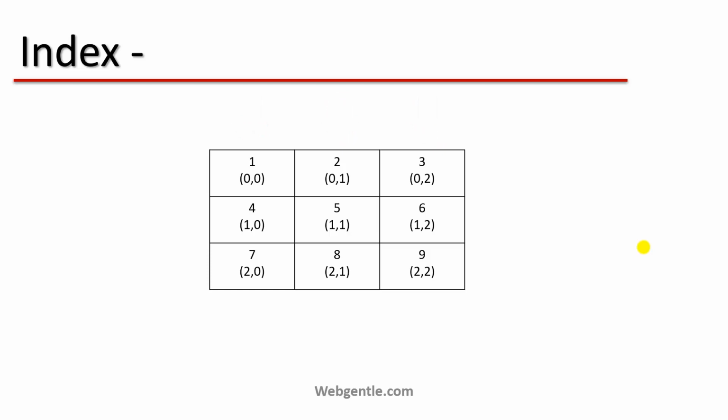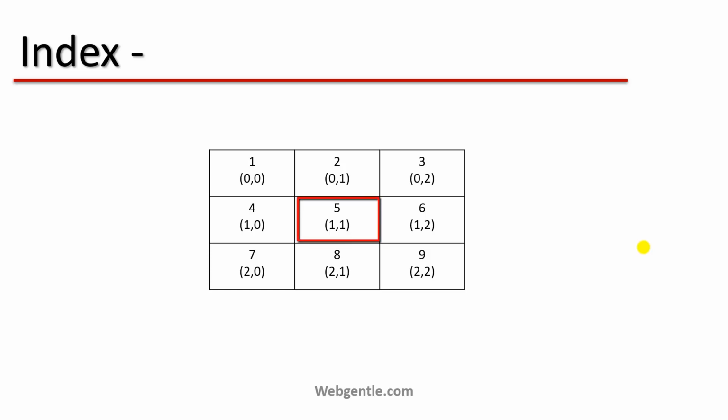So you can combine those x and y values, the index from row and column, and you will get the index for the whole table. Okay, so first there will be the row and then the column. So row, comma, column. That's how you can create an index for a particular table.